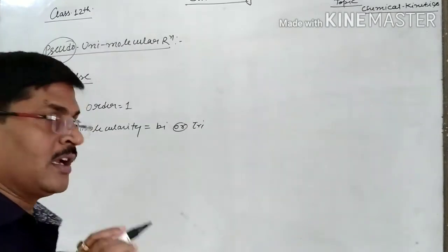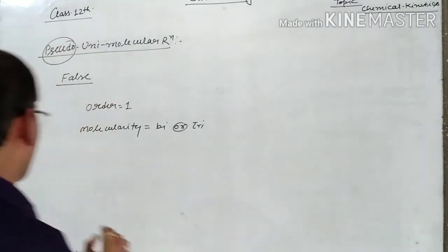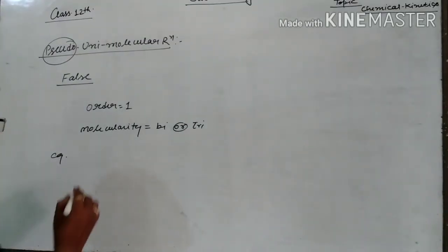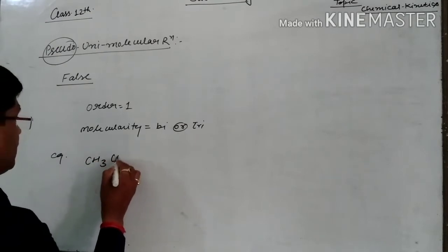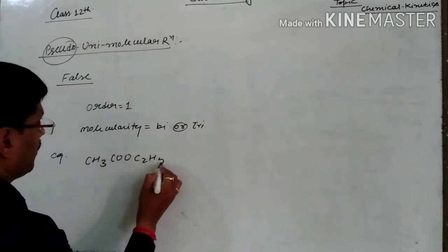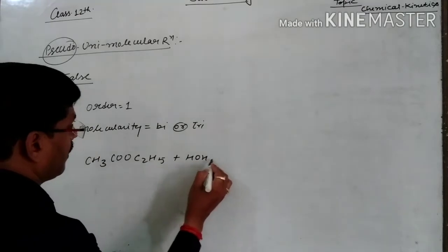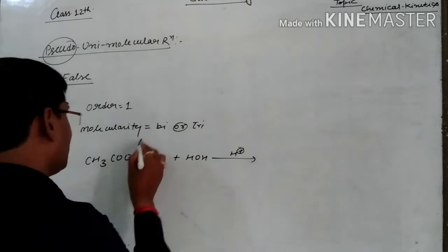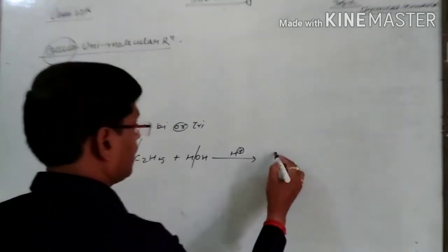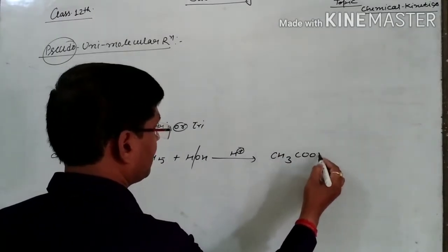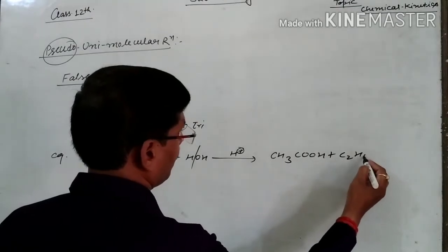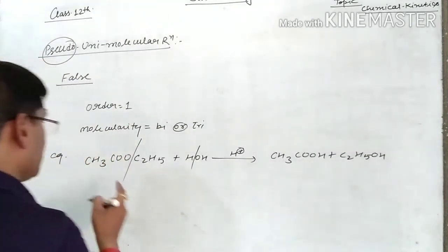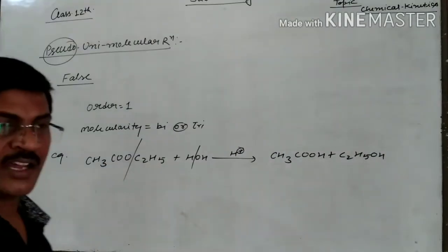Suppose I have taken an example, hydrolysis of ester. All of you know, this will easily give acetic acid and ethyl alcohol. Here you are seeing the number of molecules participating in the reaction.